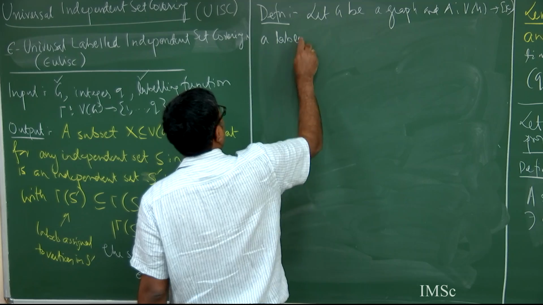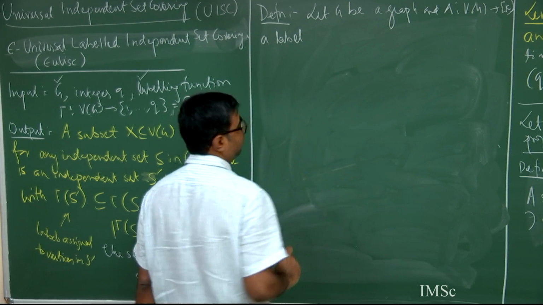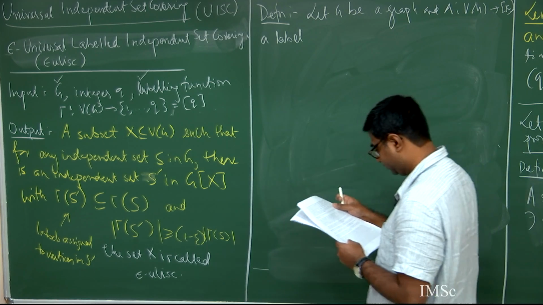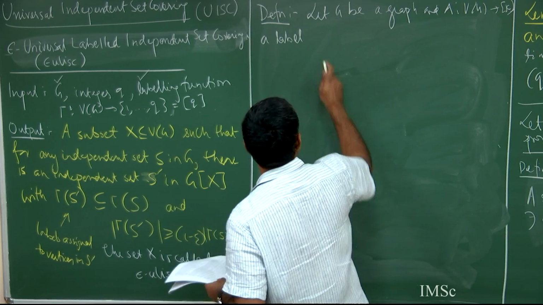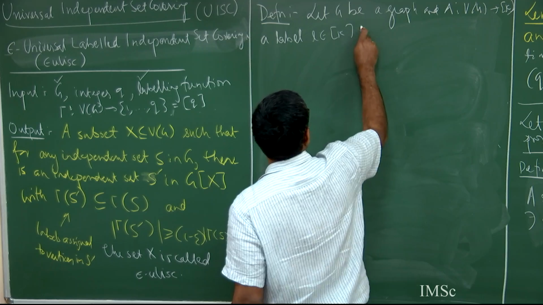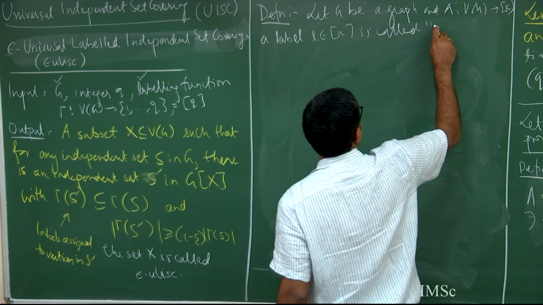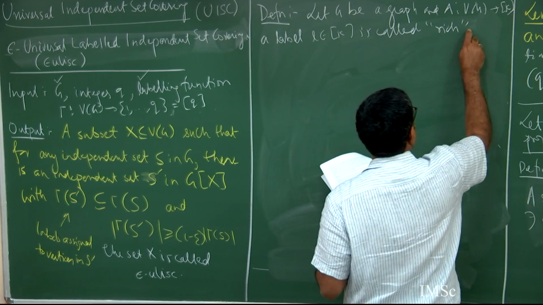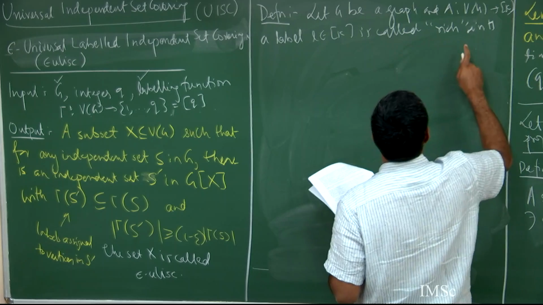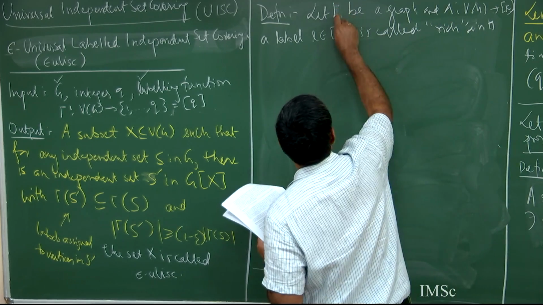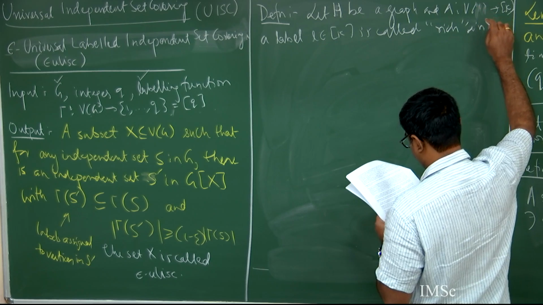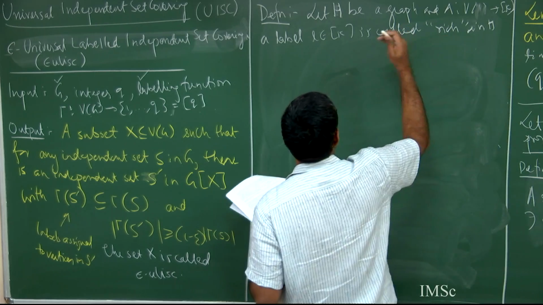A label will be called poor or rich based on how many times it appears on vertices.